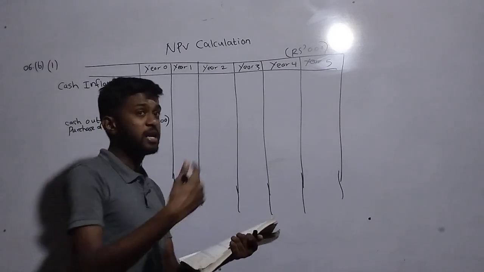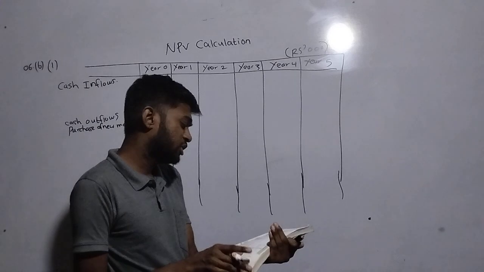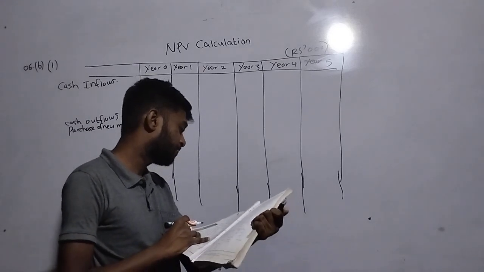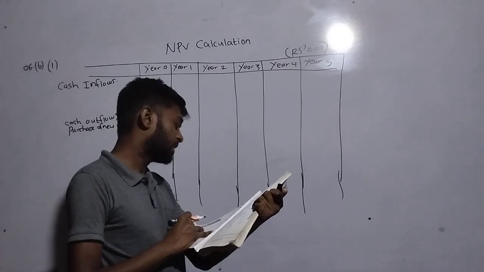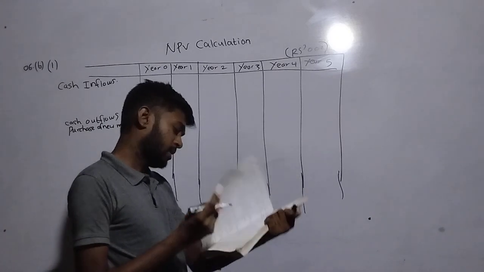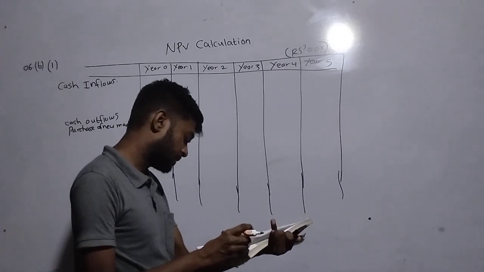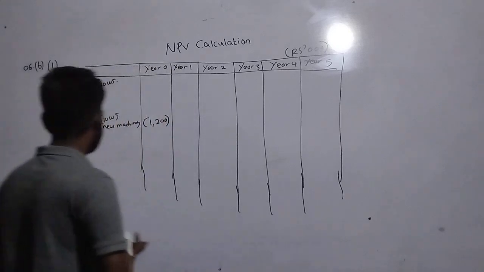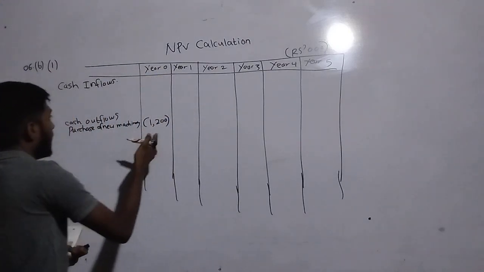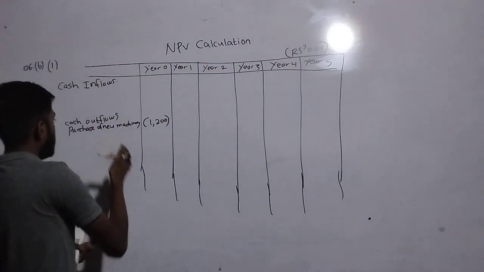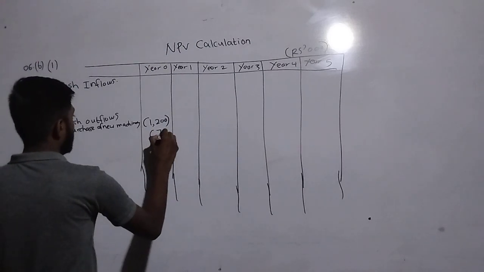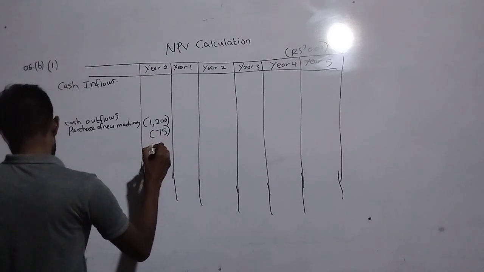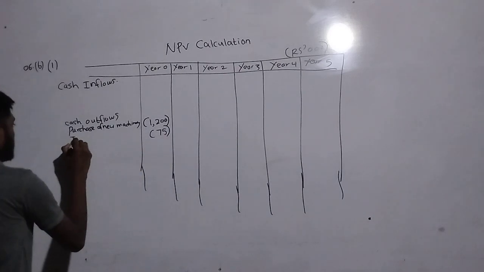Useful life they have given, residual value 200. Let us see the additional information, what they are saying. Okay, let us come to that. Before that, let us come to installation charges. Installation charges are also a cost relevant to the purchase of new machinery, so you need to deduct that as well in year 0. That is 75.